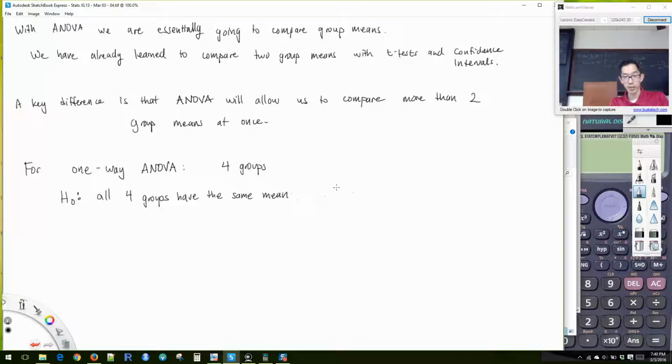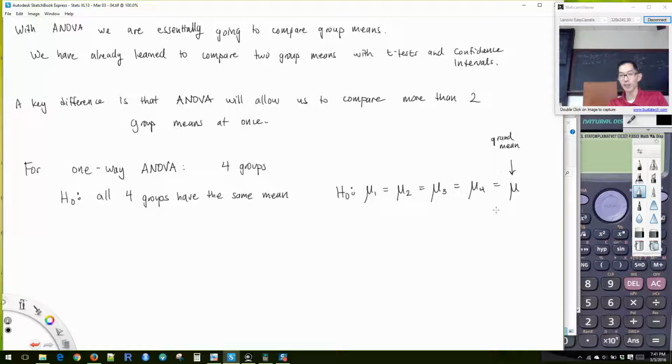Symbolically, we would write mu1 equal to mu2 equal to mu3 equal to mu4, which is equal to mu all by itself. This is called our grand mean.